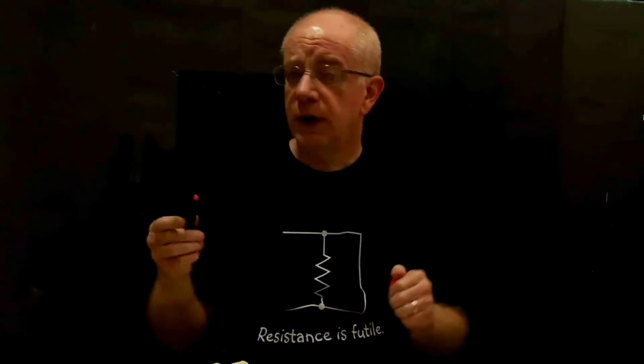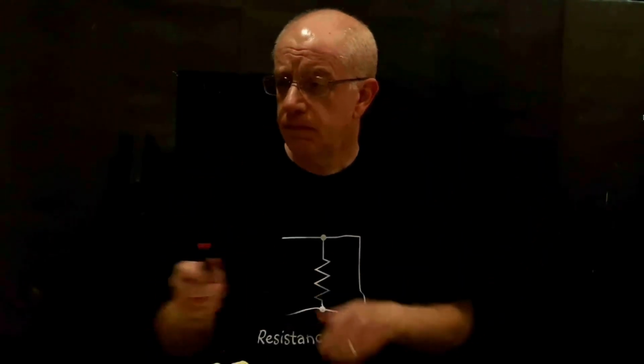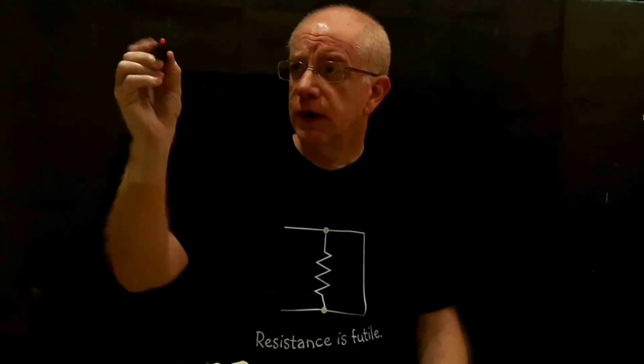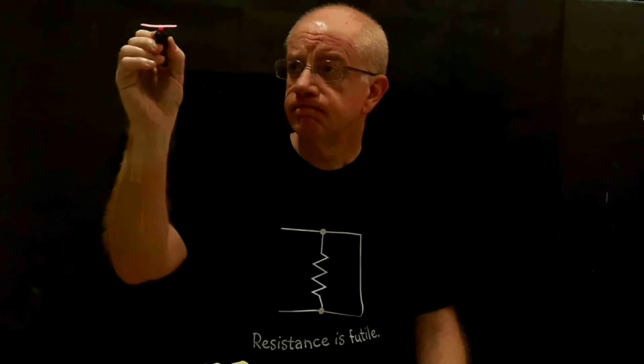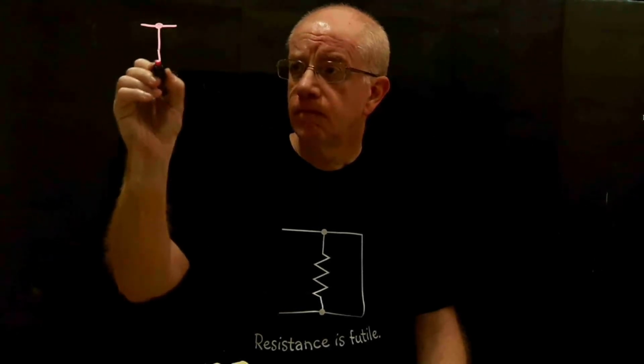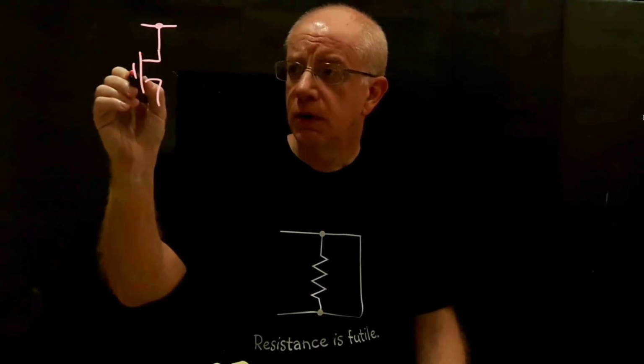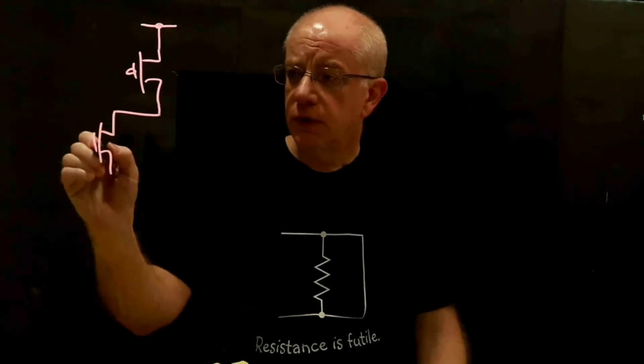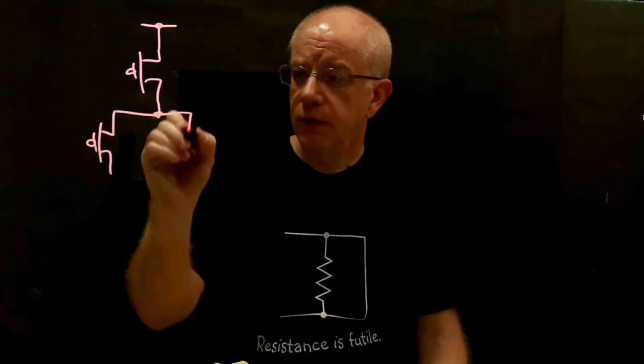Suppose we had a gate where the pull-up network looked like one transistor here in series with 2 transistors that are connected in parallel with each other, let's say.